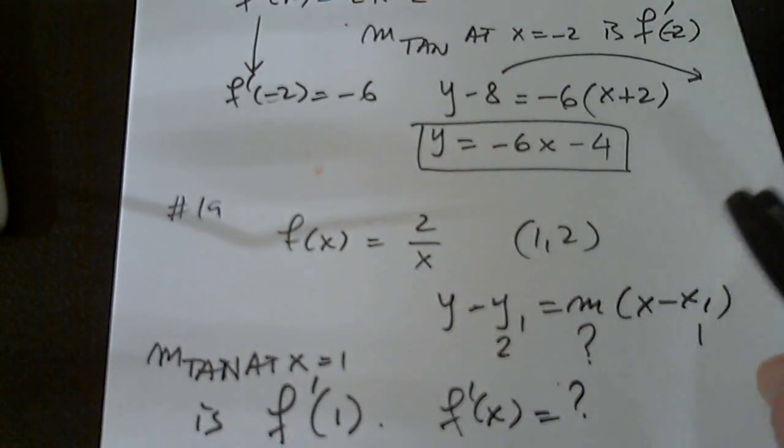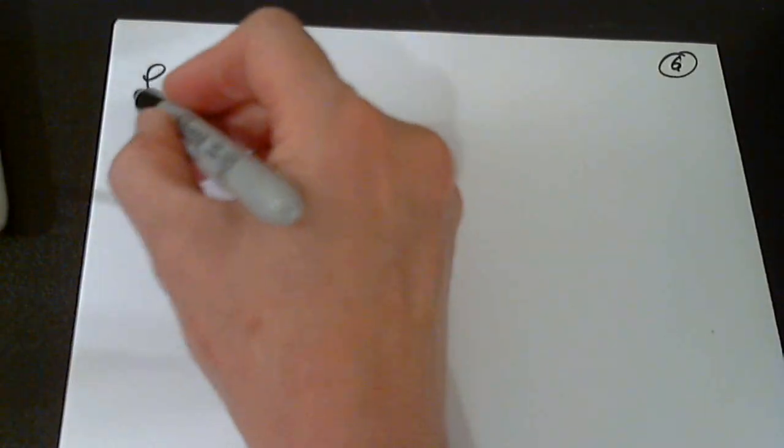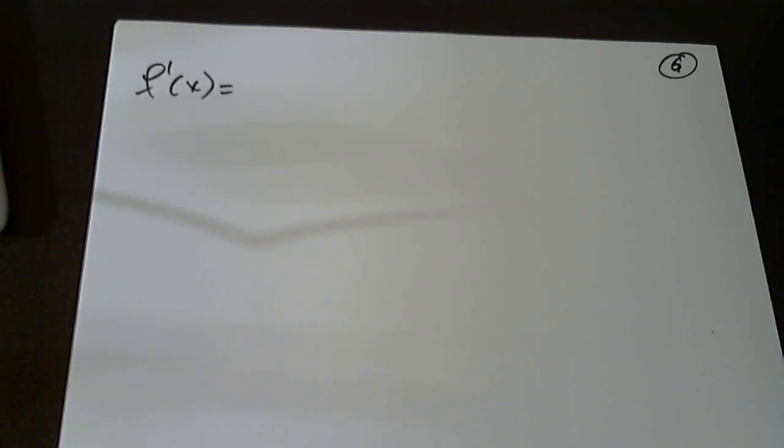Now, can anyone tell us how to find f prime? That's page 6. How do I start in calculating f prime? Can anyone give us the definition of f prime? It's two concepts put together.